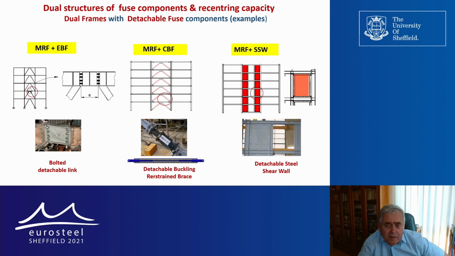And the third one is the combination of moment resisting frames with seismic steel ductile walls, which practically have the same function as centrically braces in a dual frame, and in this case the detachable element will be the steel shear wall.